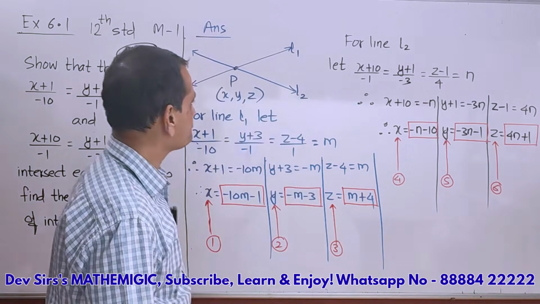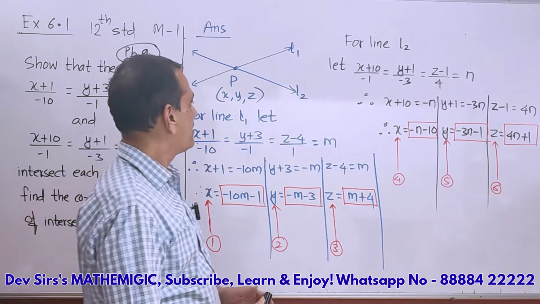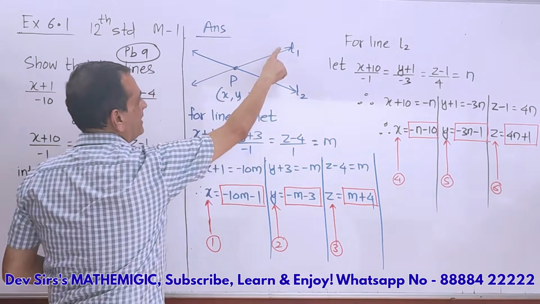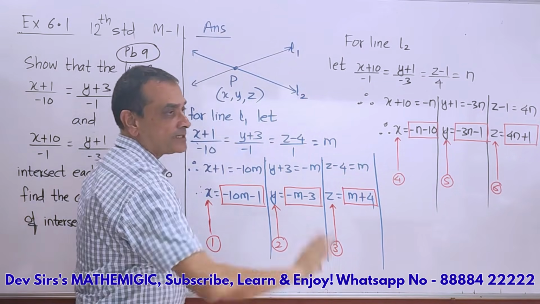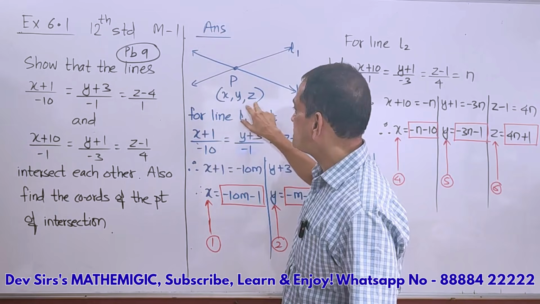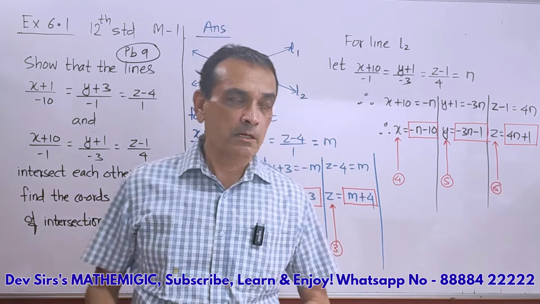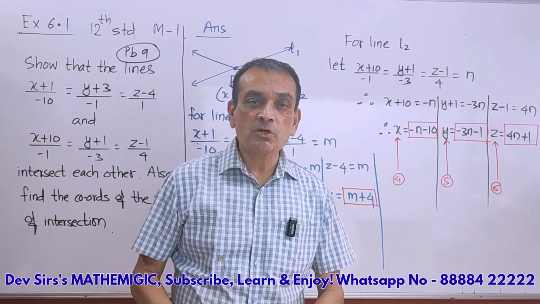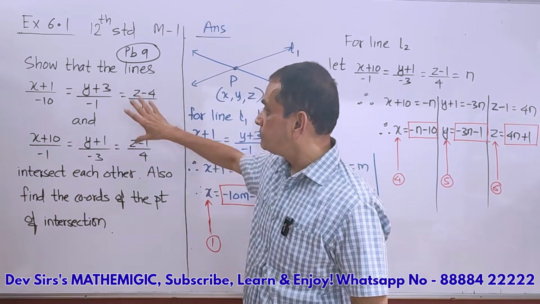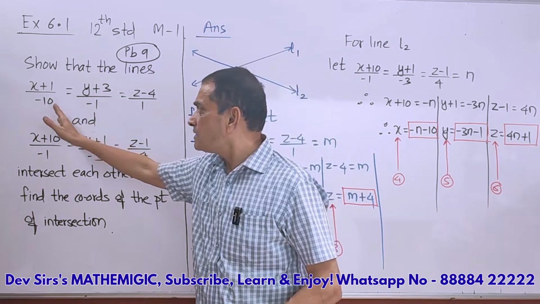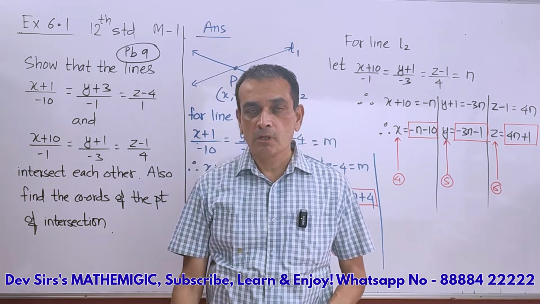Let's see. We'll make things simpler. Nothing complicated. L1 and L2. Let us suppose that the point of intersection is X, Y, Z, three coordinates. Now, these are equations of a line in Cartesian form, which are nothing but three equal ratios.